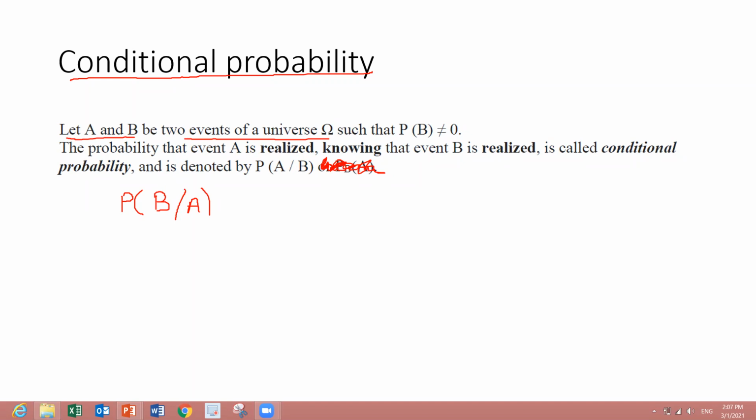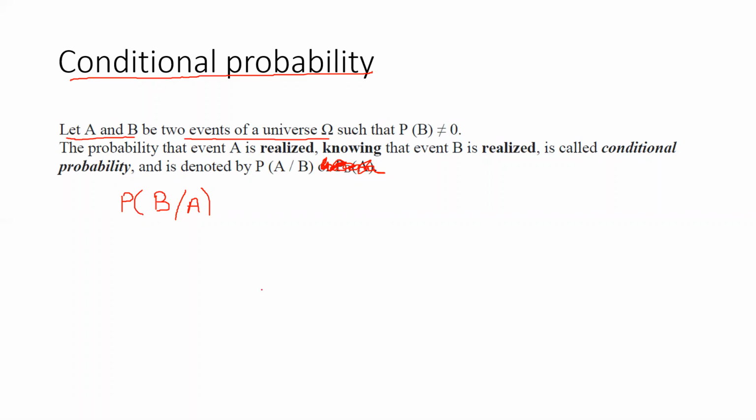Now we have to take a rule about probability of A given B. We have to take an example.